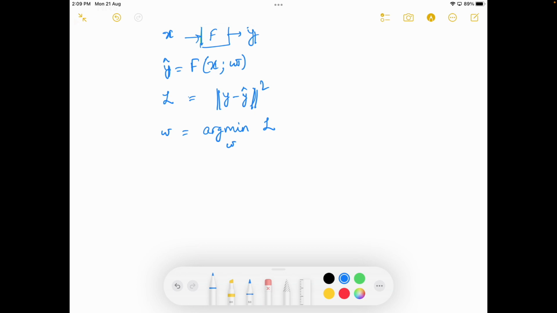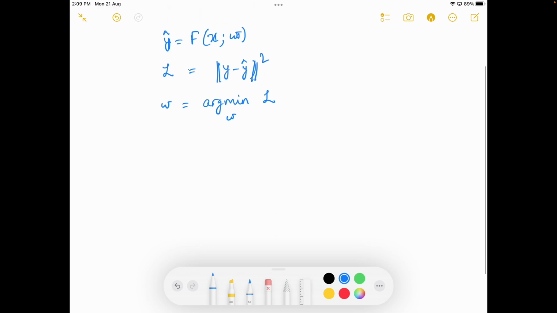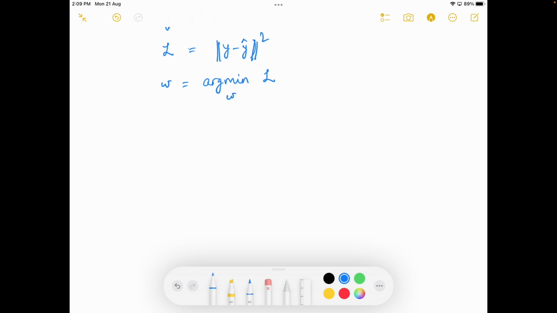Y hat is a function of W, but y is constant. For a given x, you know the y. Then to achieve it, we can either take derivative of L and minimize it by that, or if L has a very complicated form, it is not possible analytically to find the minimum. Then what do we do? Iterative methods.